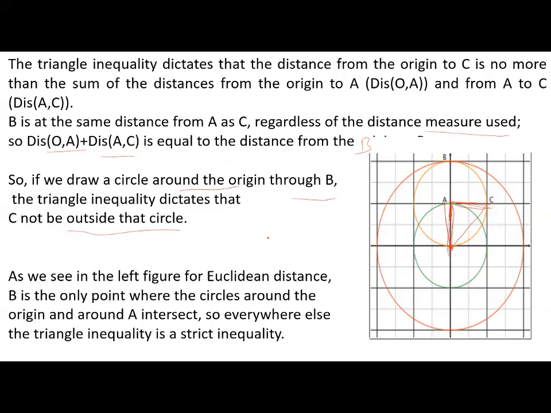See, it is not outside the circle. As we see in the left figure, for Euclidean distance, B is the only point where the circles around the origin and around A intersect. So everywhere else, the triangle inequality is a strict inequality.